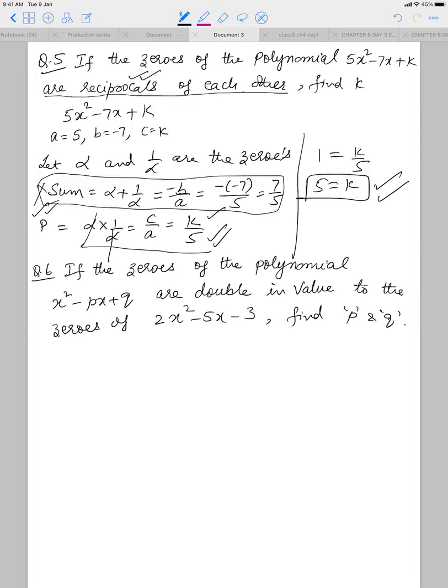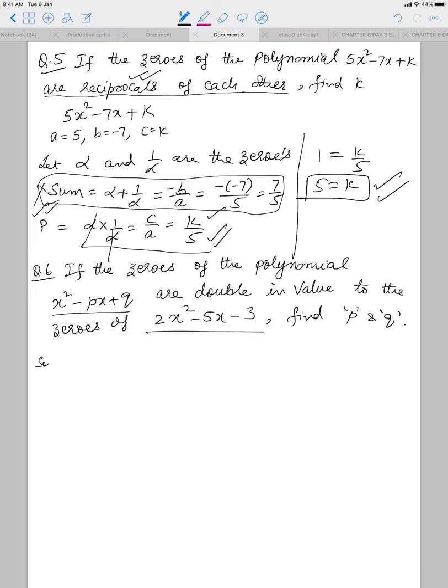Question number 6. If the zeros of the polynomial x square minus px plus q are double in value to the zeros of this polynomial 2x square minus 5x minus 3, then find p and q. So here the question says that zeros of this polynomial are double in value to the zeros of this polynomial.